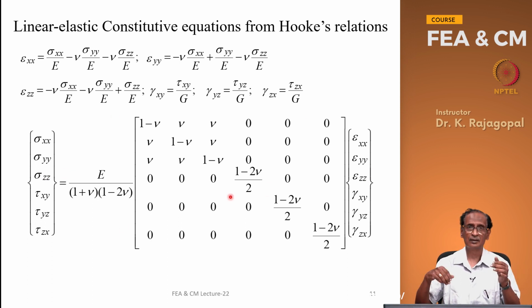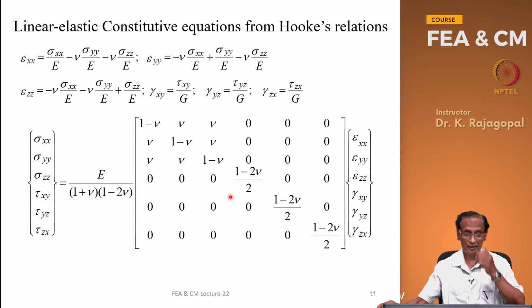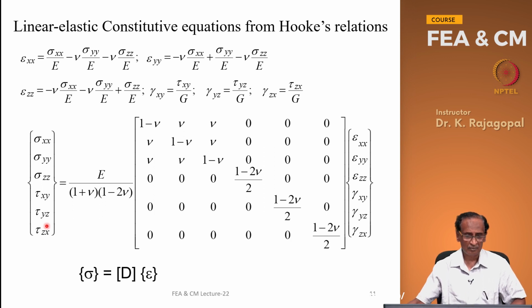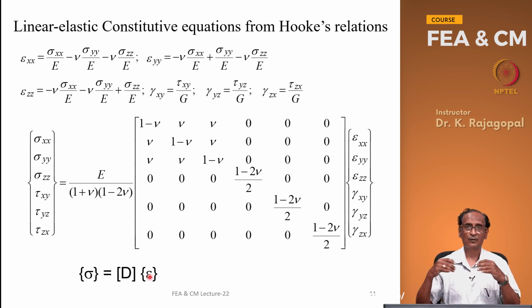This is our generalized three-dimensional stress state, where we have three normal stresses sigma xx, sigma yy and sigma zz, and then three shear stresses tau xy, tau yz and tau zx. And in general we write stress as some constitutive matrix D multiplied by epsilon, and since our finite element analysis is based on displacement, we are using a displacement approach where our displacements are the basic unknowns.